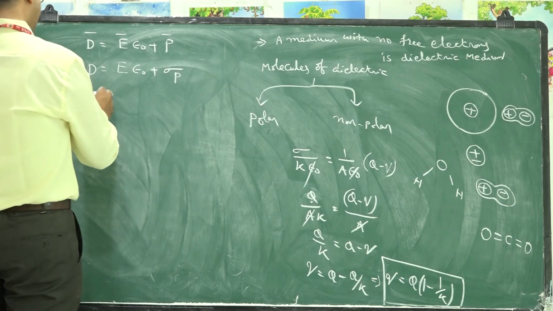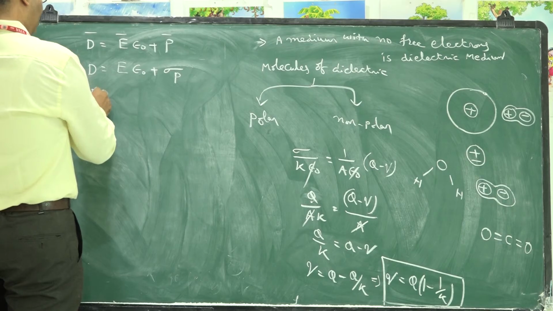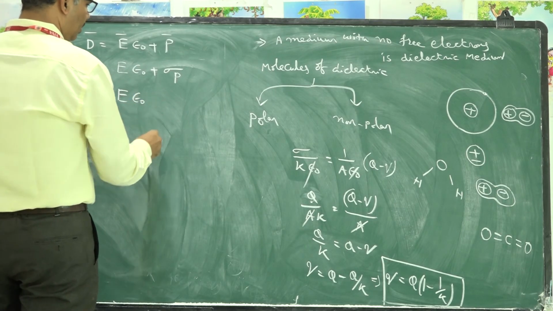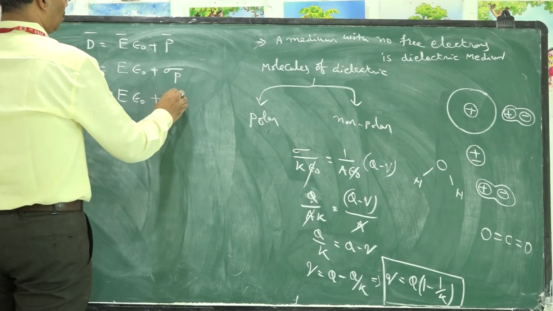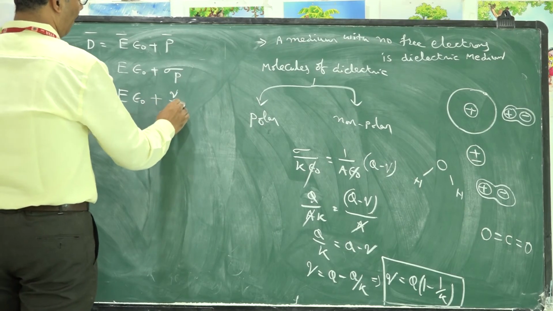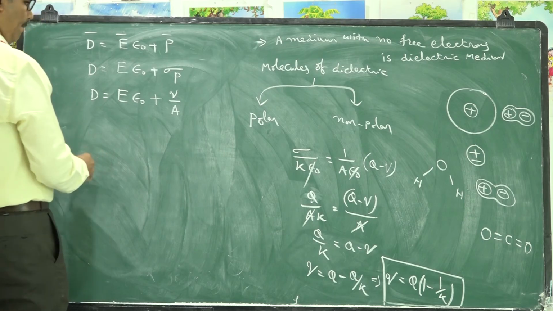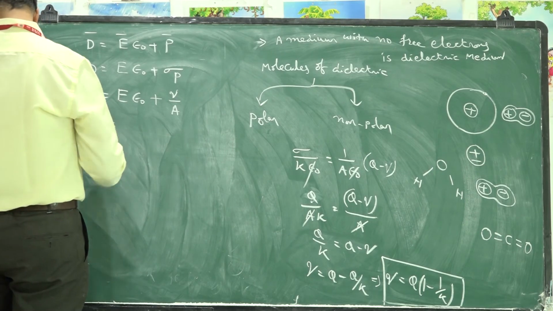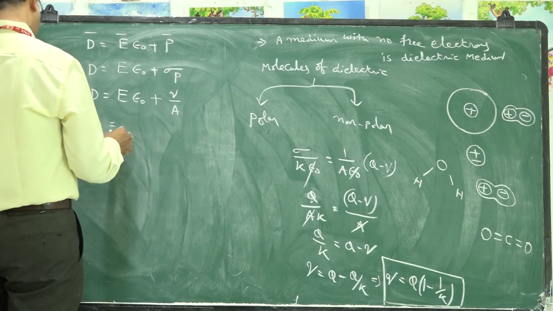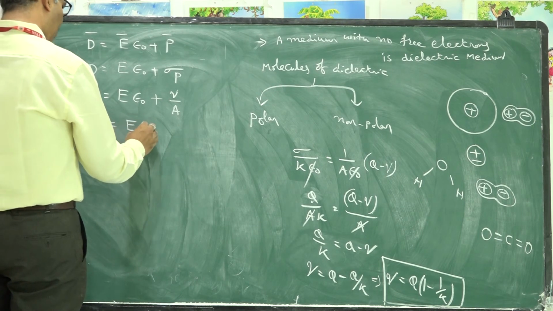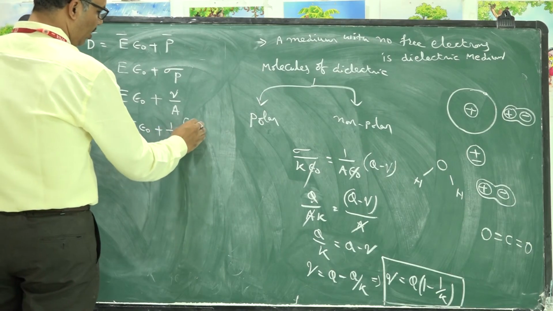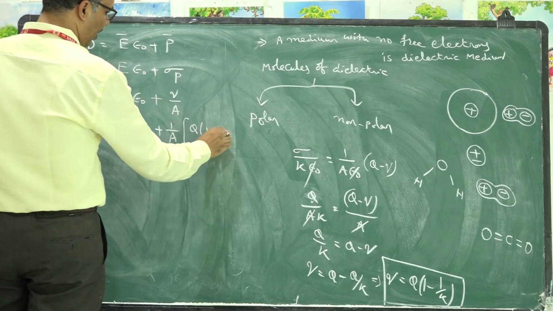Then D is equal to E epsilon naught, plus this, which is nothing but small q by A. D is equal to E epsilon naught, 1 by A into the small q value, capital Q into 1 minus 1 by K.